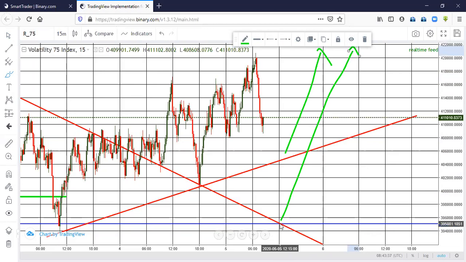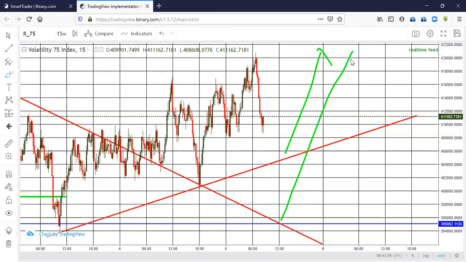Meaning that once it touches those two lines and we make a buy, we are expecting longer and higher trades than if we start scalping the smaller ones happening here. So this is what will be happening today. We'll just be watching the market and see what happens.